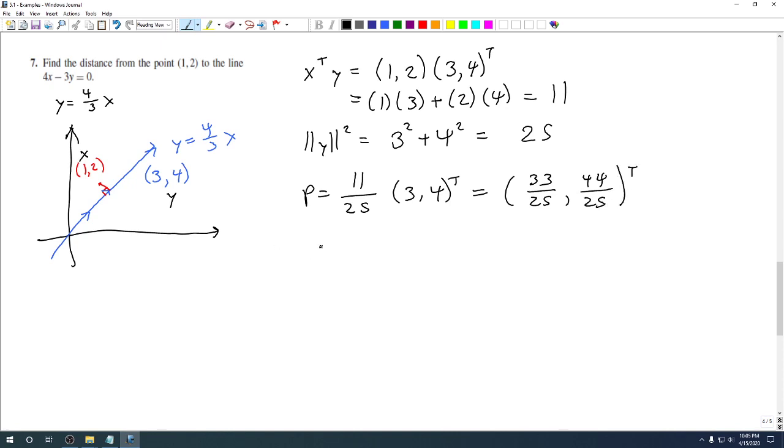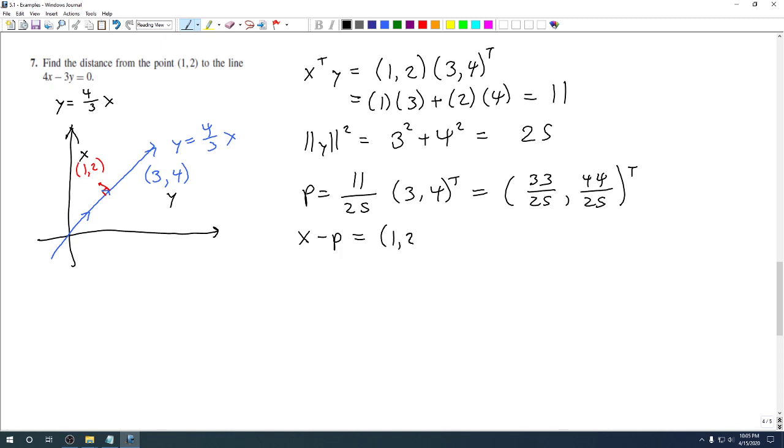Because what are we going to do now? We're not really interested in p. We're not really interested in the distance from the origin to the base of this perpendicular. We're really looking for the length of that perpendicular. And the length of that perpendicular is the vector x minus p, the vector that is perpendicular to the vector p. So we are going to have to subtract this vector p from our original vector (1, 2).